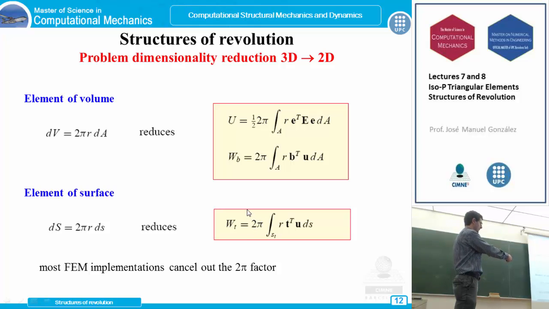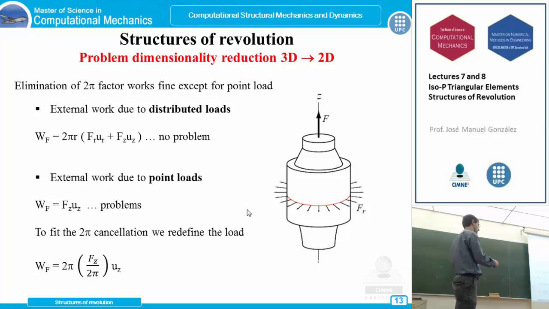But we have another case we've been talking about some slides ago, which is the punctual load. This punctual load here does not act over an axisymmetric surface or volume like the body force or the traction.